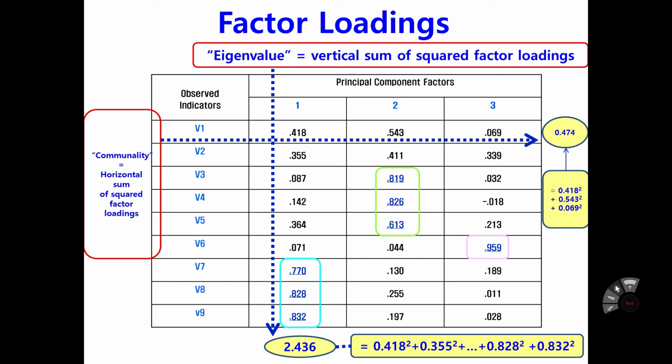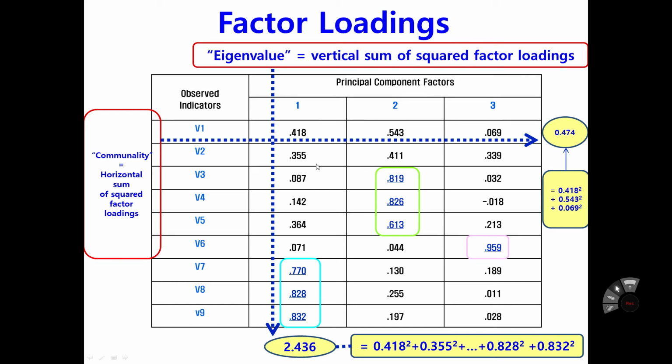Another interesting thing is the square of each factor loading represents the Pearson's R square, explaining the explanatory power of each factor about the variation in the variables.